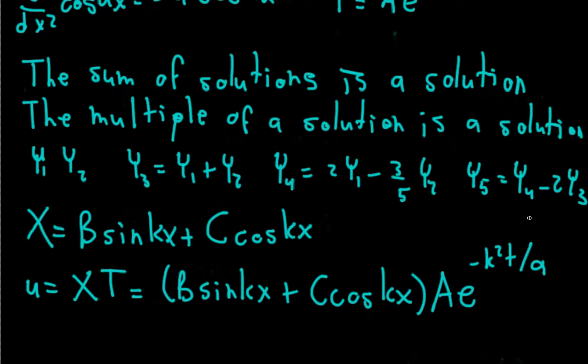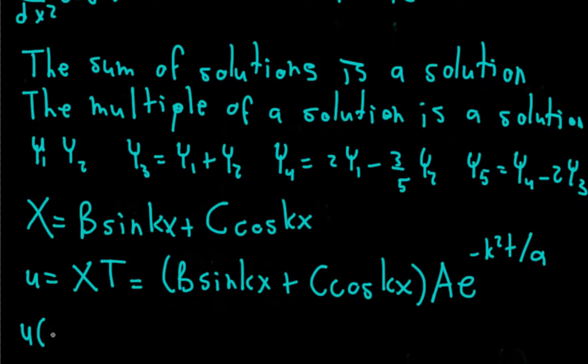All right, but this is not the whole story, because we know that u has to satisfy three conditions. For one, the temperature at the sides of the sword should always be the same. So at the beginning of the sword it is 0, and at the tip of the sword it is the same.